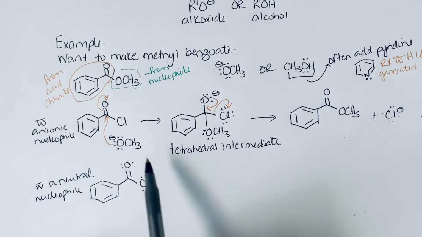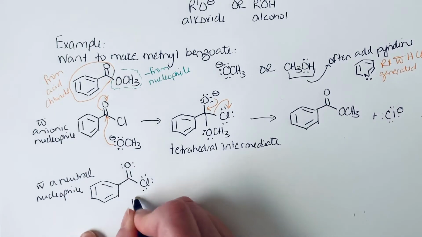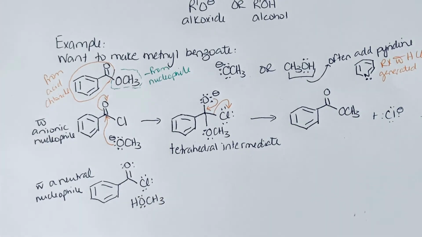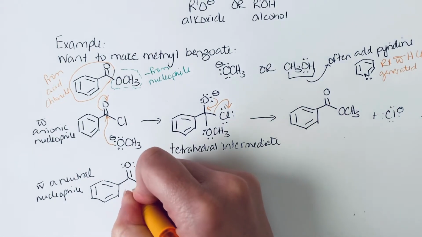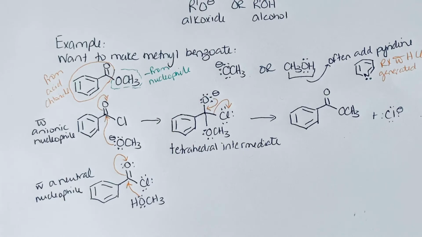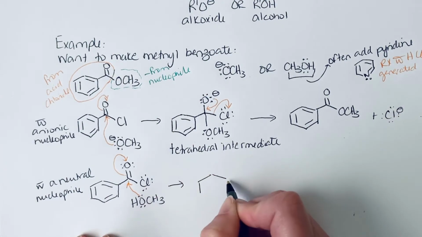Okay, so the nucleophile, instead of methoxide, is going to be the methanol. So we will draw that methanol. So same as before, it's going to attack the carbonyl carbon, pushing those electrons up onto the oxygen, giving you a tetrahedral intermediate.